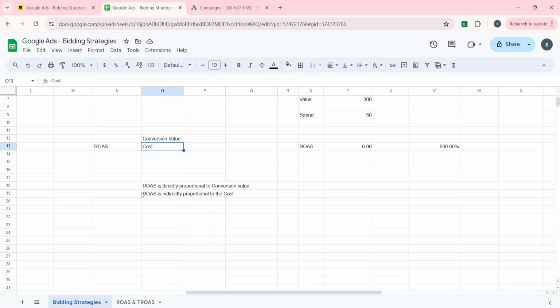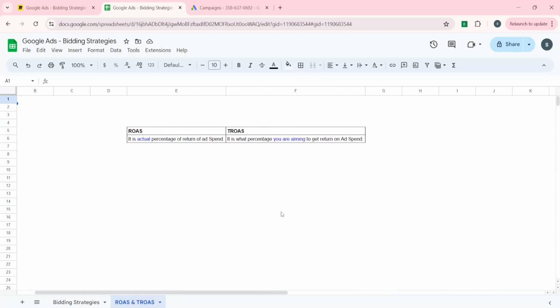And now let's understand the difference between ROAS and target ROAS. ROAS is the actual percentage of return that we get, and TROAS is the percentage you are aiming to get as return on ad spend. You are getting the logic, right? This is similar to what we discussed in maximize conversions, where we discussed CPA and TCPA.